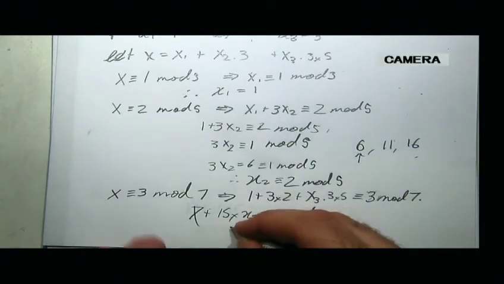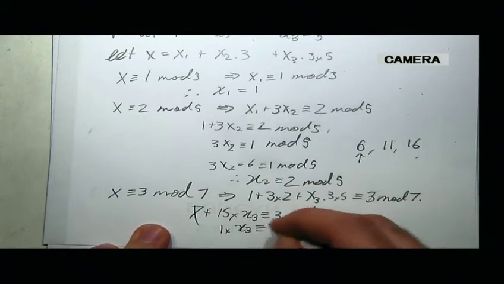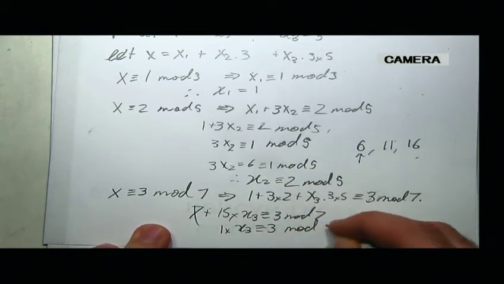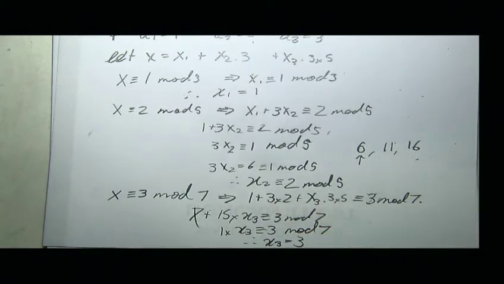Because that's going to become 1 times x3 is congruent to 3 mod 7. And so therefore x3 is equal to 3. Really? Did we see how easy that was? We're unimpressed, I can tell, but that's okay.